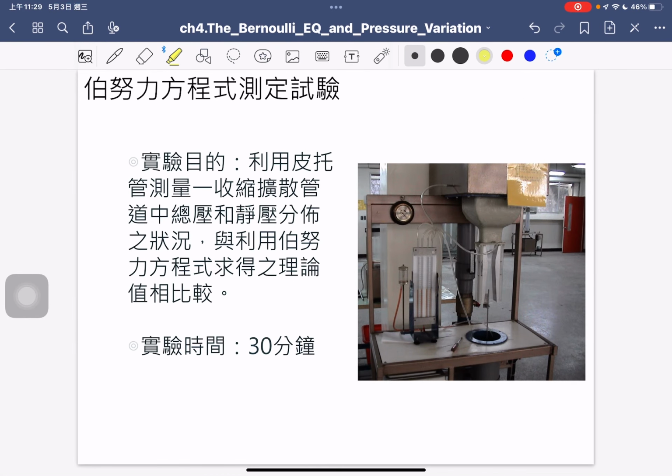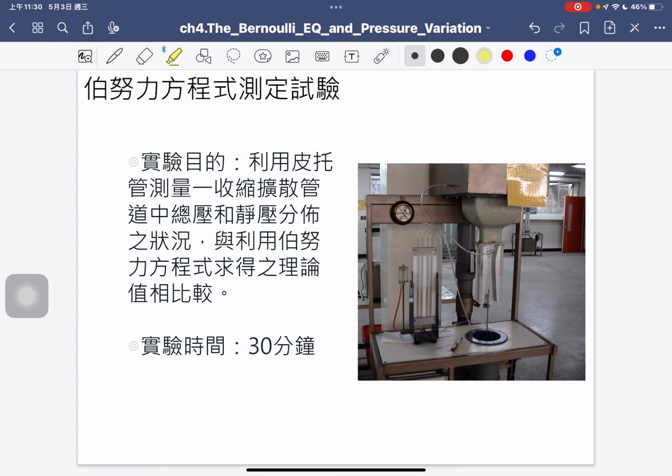In the next semester, in our laboratory experiment, we will run the experiment we call the Bernoulli testing. Again, you can see our device here, but we already bought new ones, so next semester you will not operate the experiment on this device.